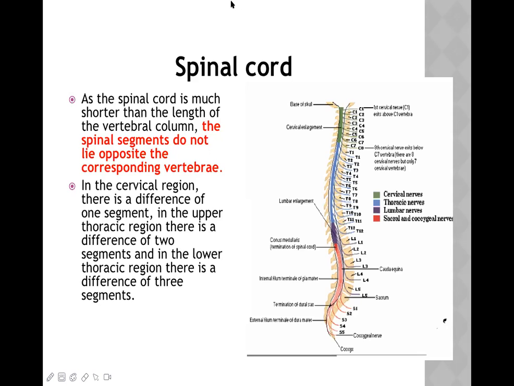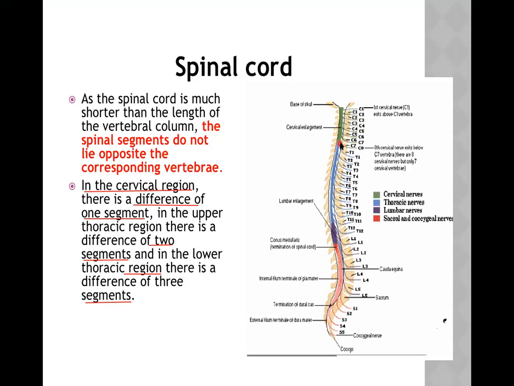So in the cervical region, see here, there is a difference of one segment. In the upper thoracic region, there is a difference of two segments, and in the lower thoracic region, there is a difference of three segments. This is an important point. You can clearly see here in the picture. This is the cervical region.